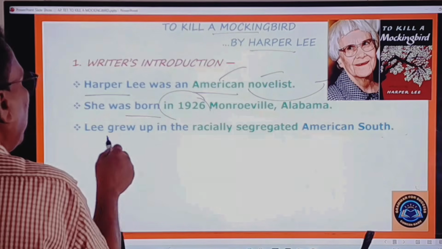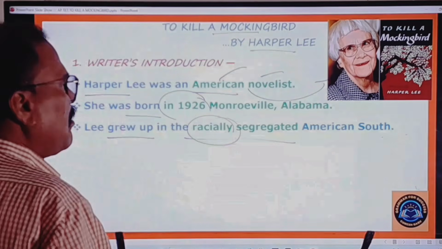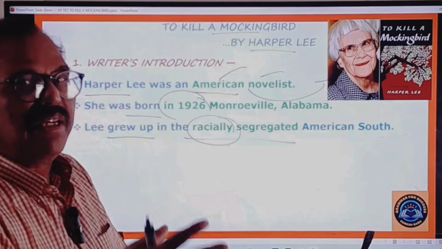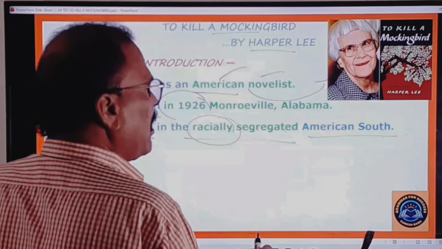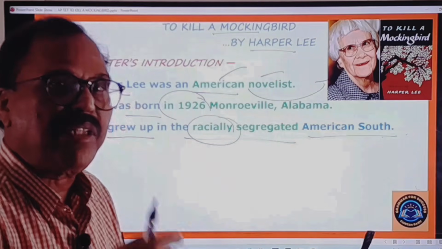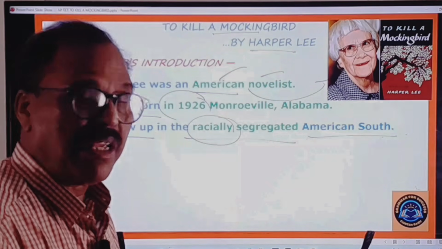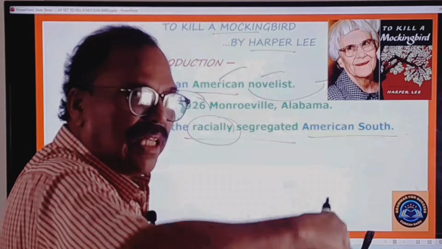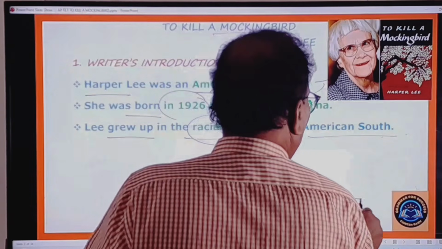Okay, Lee grew up where? In the racially segregated American South. Racially segregated means racially separated, racially isolated. American South means in those days, in the southern American part, there used to be rampant racial discrimination, and that is why all the southern region, Southern America. For example, America is like this, okay?